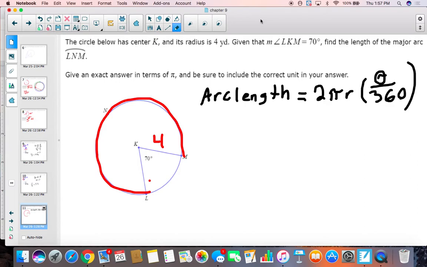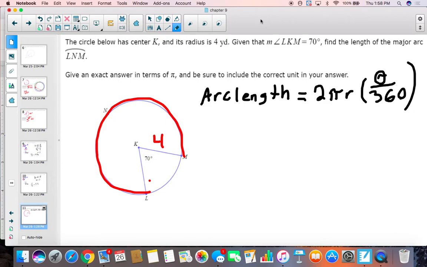And then think to yourself, well, where have I seen that 2 pi r thing before? Yeah, it's the formula for the circumference of a circle, or the length of the entire circle. And then theta divided by 360. Well, we're not looking for the entire length of that circle, otherwise we would just use the 2 pi r.